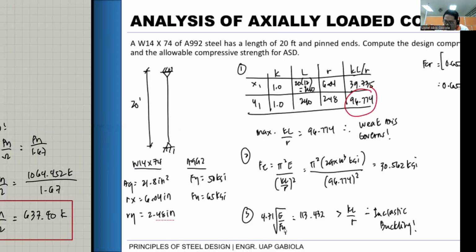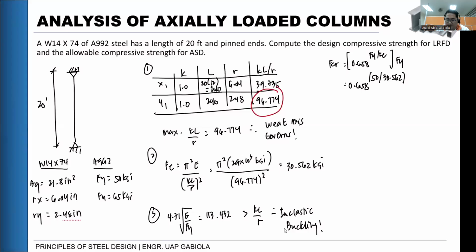Okay. Tama naman pala. Dito, pi squared, double check ko lang yung value. Okay. So, times Fy na 50, Fcr, 0.658 raised to 50 divided by 30.562, times 50. So, we have Fcr na 25.211 ksi.